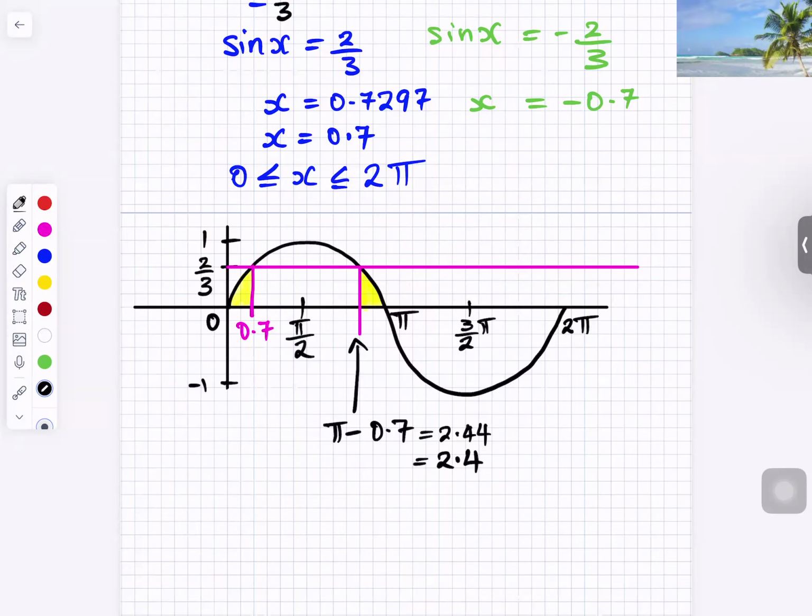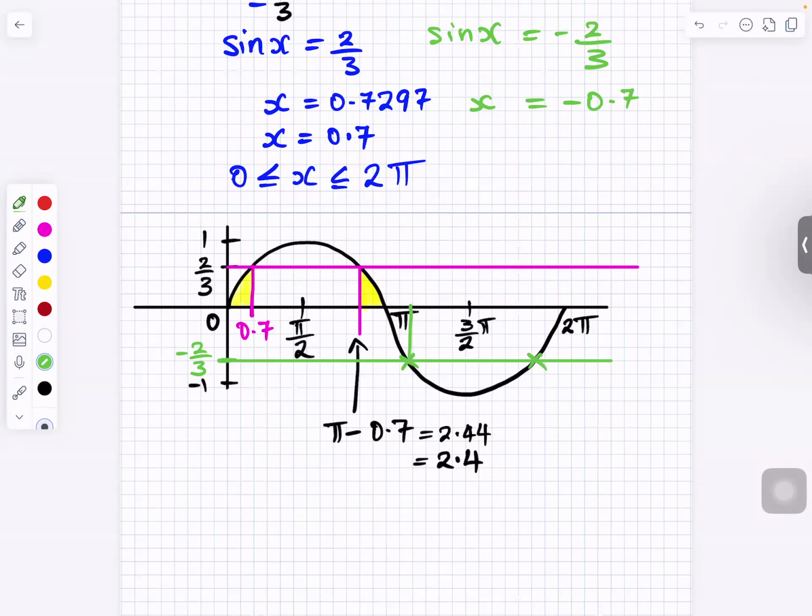Now, let's go to the negative one. We'll go minus 2/3. I'll put it in green there. Minus 2/3 could be, say, here. If I draw a straight line, the green line, can you see two answers, one here and one here? Yes, sir. So if we go up, we want to get this value here, and we go up, we want to get this value here.